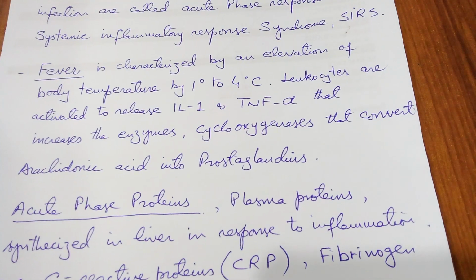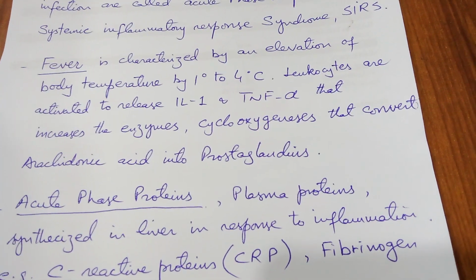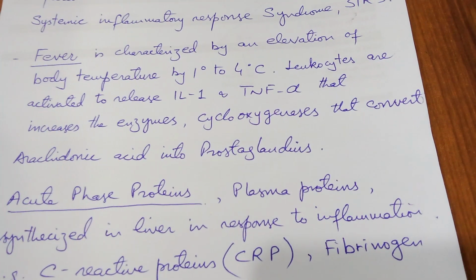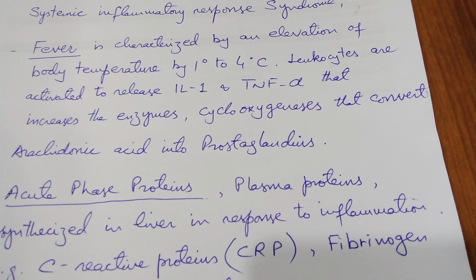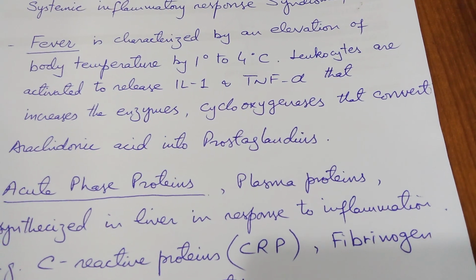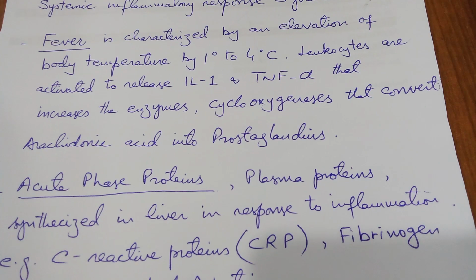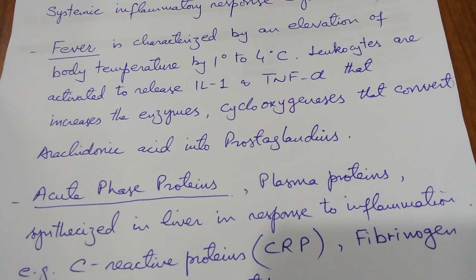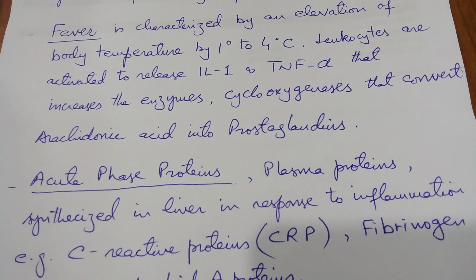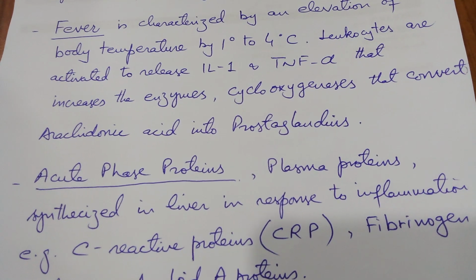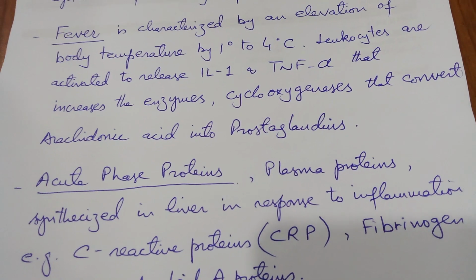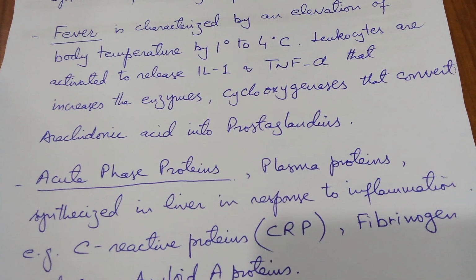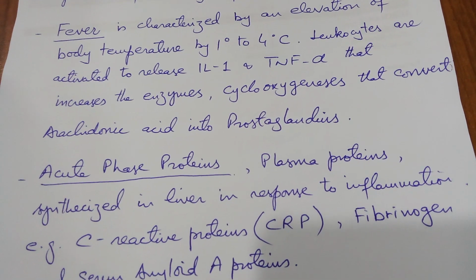Number one, most important, fever. Fever is characterized by an elevation of core body temperature by 1 to 4 degrees centigrade. As a result of fever or inflammatory process, leukocytes are activated, which release interleukin 1 and tumor necrosis factor alpha that increases the enzyme cyclooxygenase.